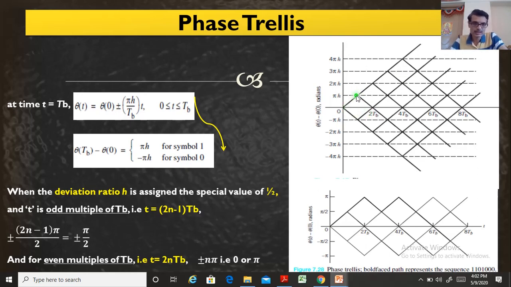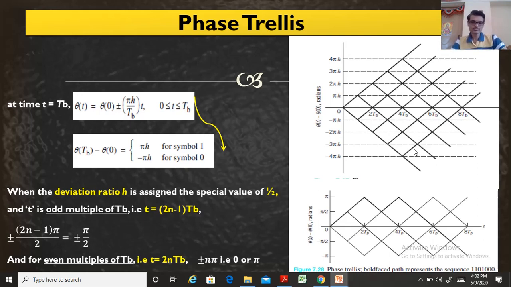It is 1 increase, 0 decrease, again 1 increase, 0 decrease, 0 decrease, 0 again decrease. So we get something like this: 1 1 0 1 0 0 0. This is the tree diagram for this example. If the data stream is different, accordingly the phase variation happens.